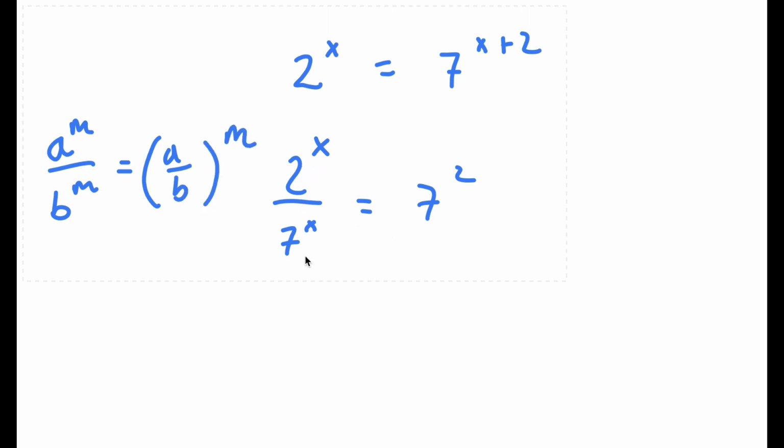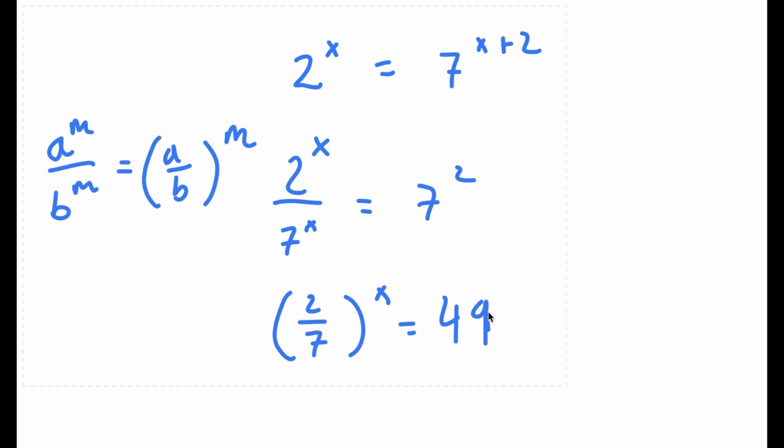So 2 to the power of x over 7 to the power of x, that's going to equal 2 over 7 to the power of x, which is equal to 7 squared, which is 49. So now to solve this, I'm going to take the log on both sides. So now I have log of 2 over 7 to the power of x is equal to log 49.